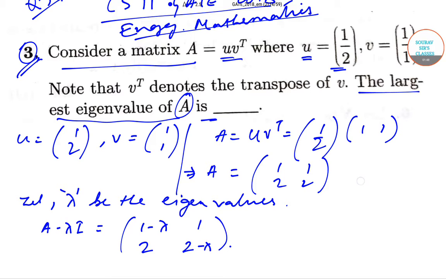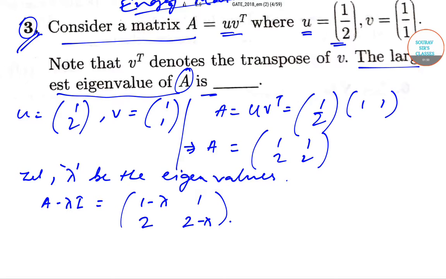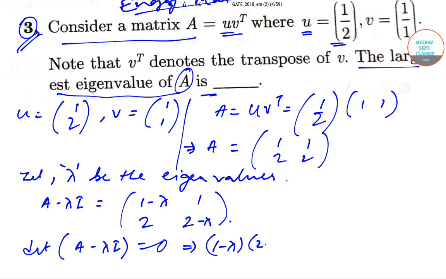So this is the matrix A minus lambda I. For eigenvalues, the determinant of A minus lambda I is equal to 0. That will give us 1 minus lambda into 2 minus lambda minus 2 is equal to 0, and that will give us the equation lambda square minus 3 lambda is equal to 0, and that will give us that lambda is equal to 0 and 3.